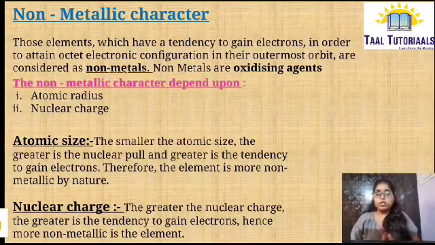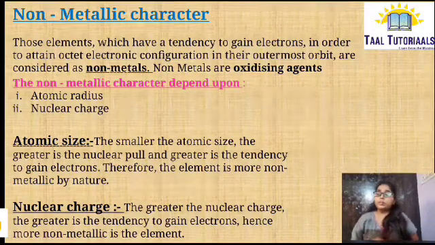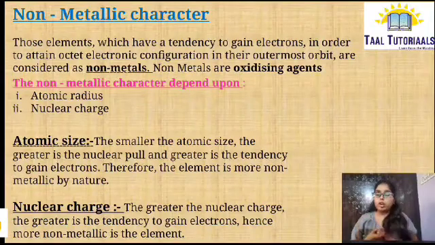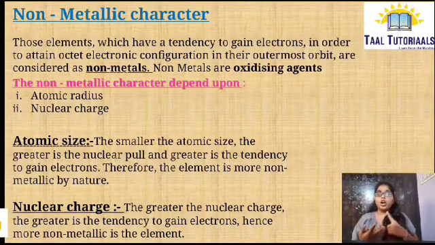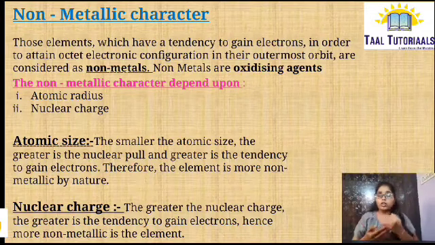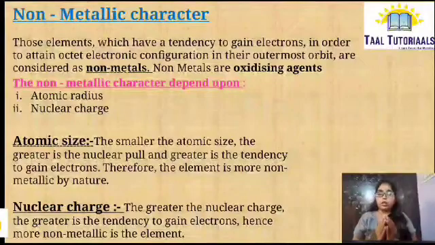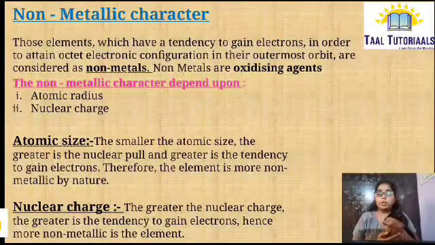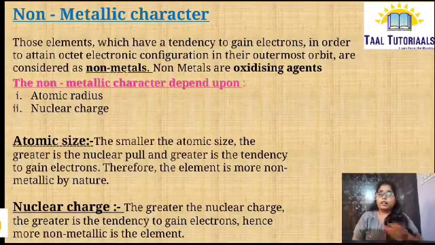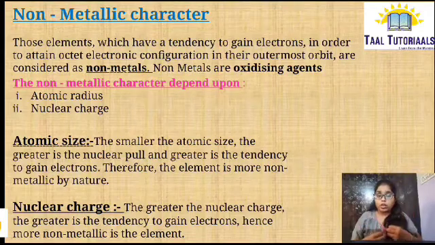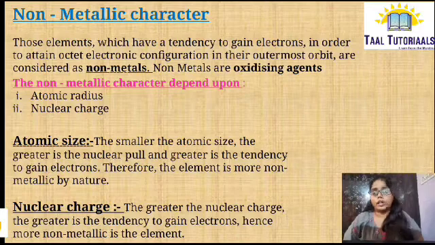Now, the non-metallic character depends upon two things again: atomic radius and nuclear charge. Atomic size: the smaller the atomic size, the greater is the nuclear pull. If atomic size is small, then the nuclear pull is greater, and the greater is the tendency to gain electrons, therefore the element is more non-metallic by nature.